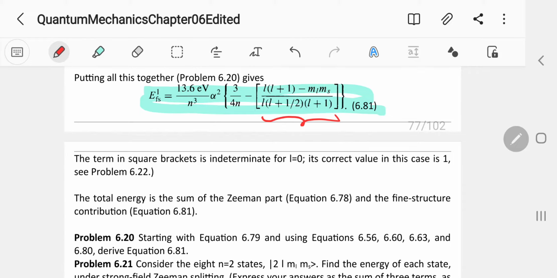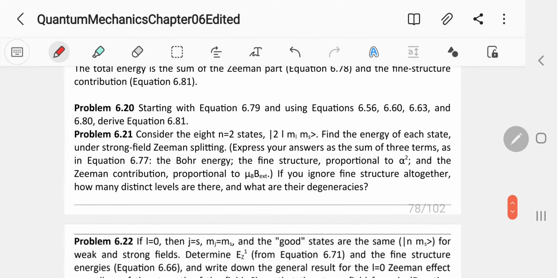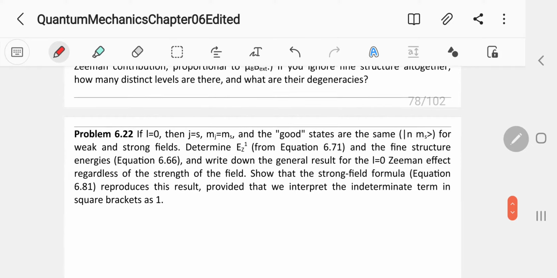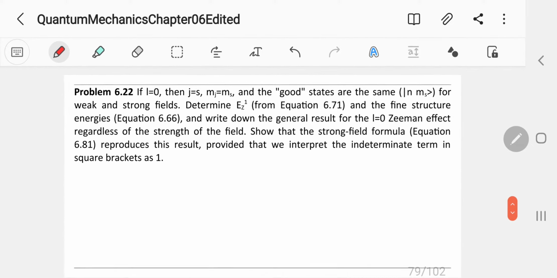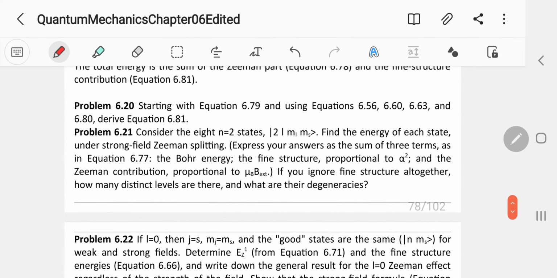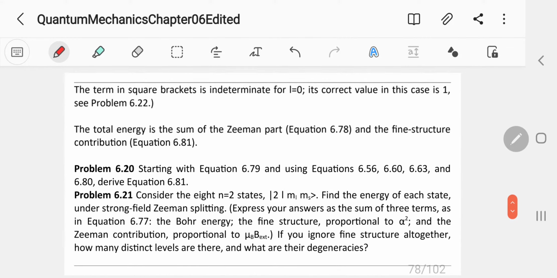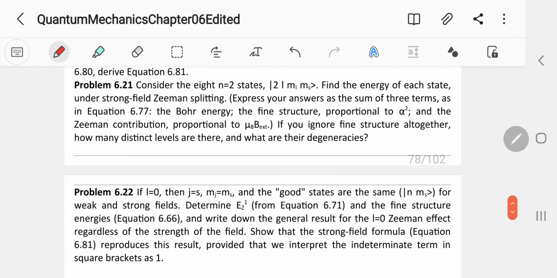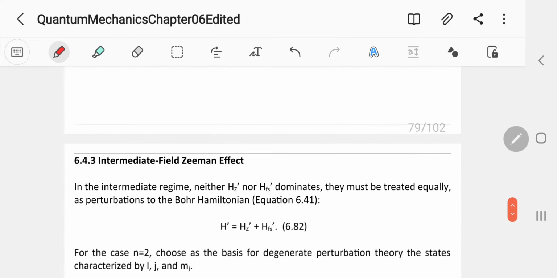And to explore more on that, you can solve 6.22, to convince yourself that the value in that square bracket is 1. You can also solve 6.21 if you have time.